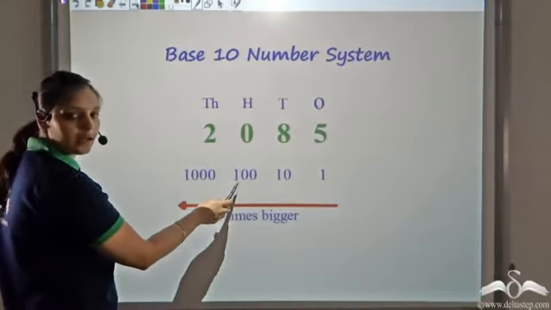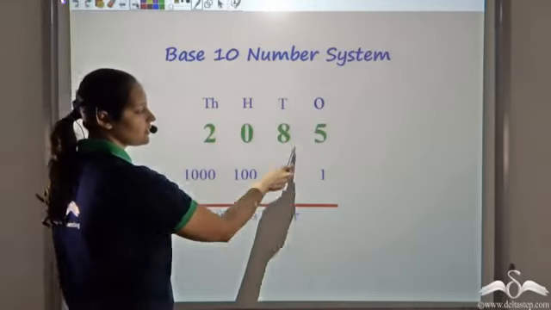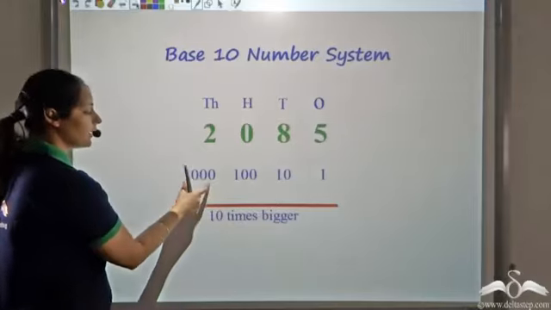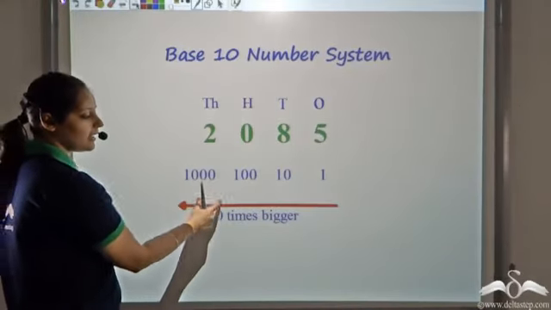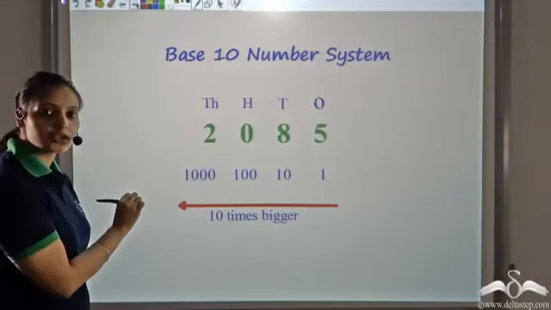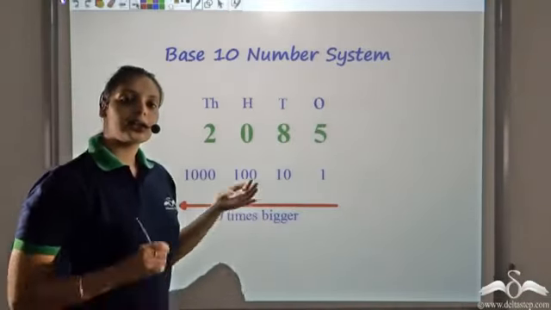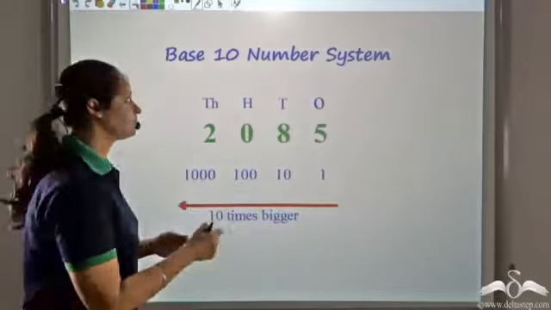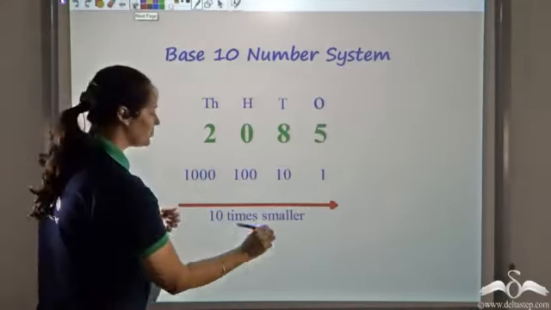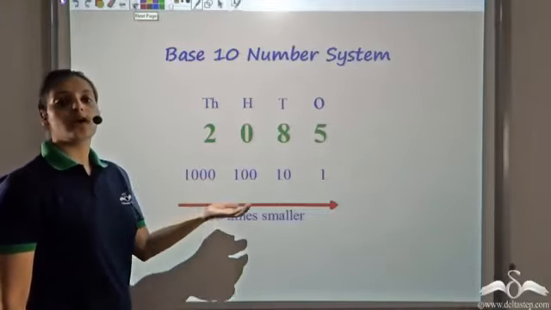Then again we have hundreds, which is 10 times 10, which is 10 times greater than the previous column. Again, thousands is 10 times greater than hundreds. So as we are moving in this direction, we see that we are getting 10 times greater number. Similarly, I can say that on moving towards right, I get 10 times smaller number.